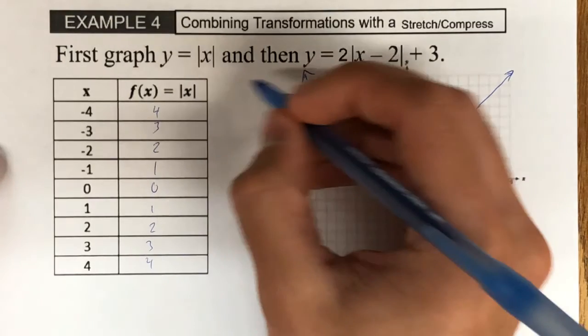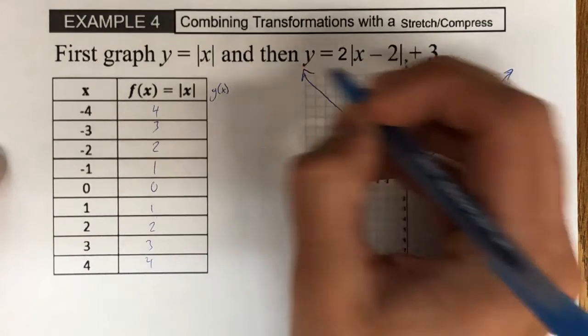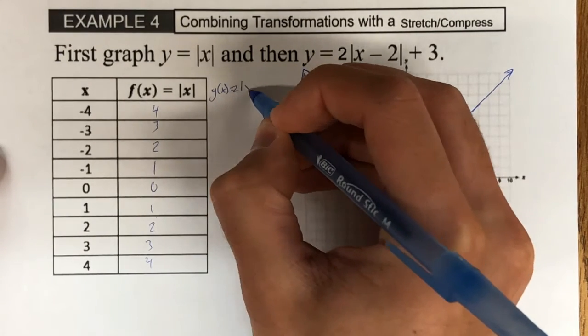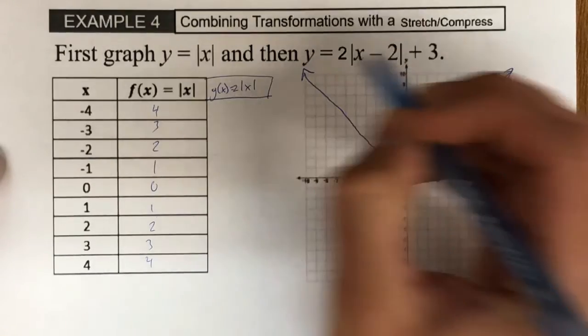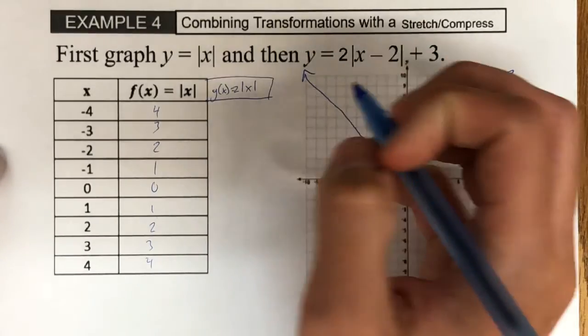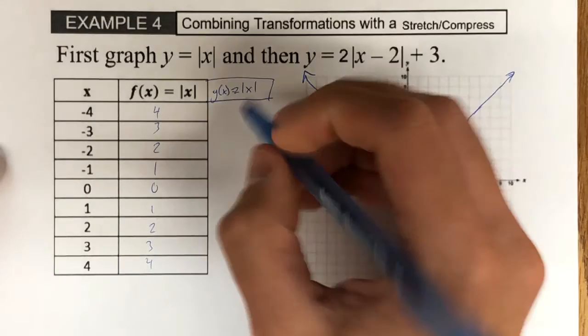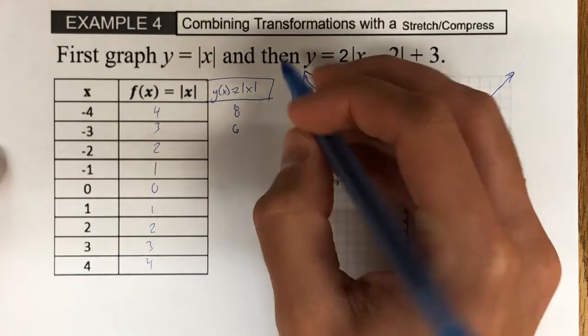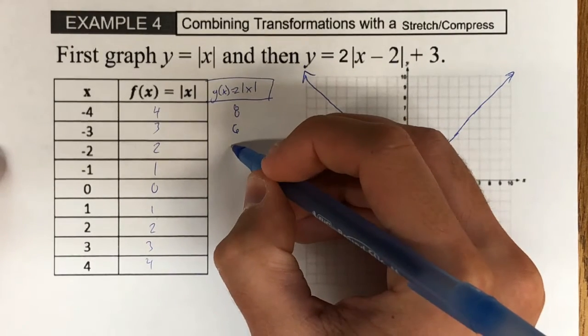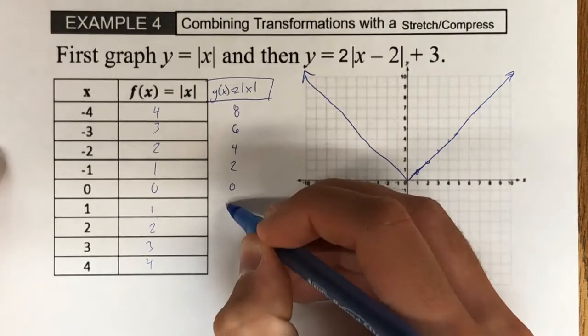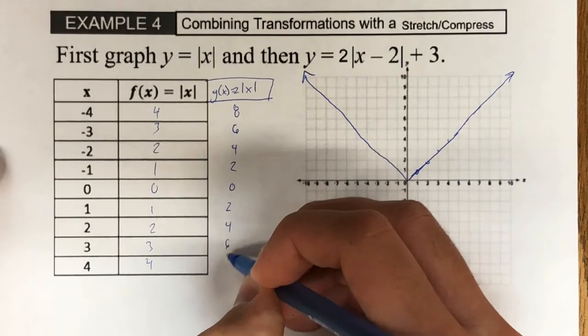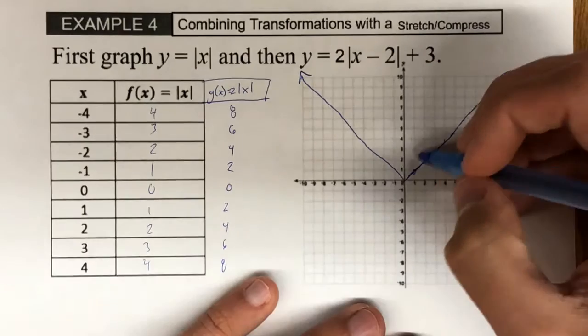And what I recommend doing first is applying that stretch first. So it is a stretch since that 2 is larger than 1. And what that stretch will do is, well, it's just going to multiply all your y values, or f of x values, by 2. So it's just going to multiply everything by 2.